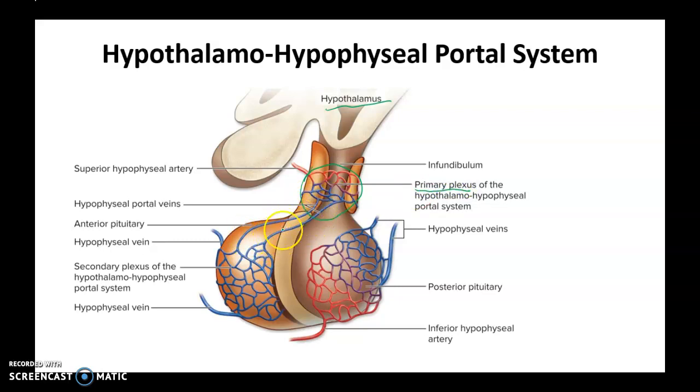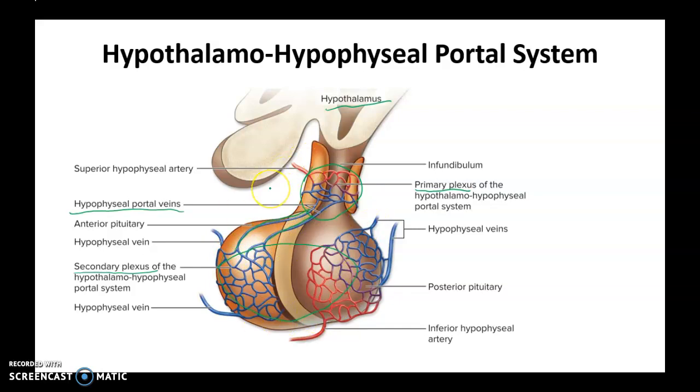These are called hypophyseal veins, and these are hypophyseal portal veins. These portal veins connect to the second capillary bed here, which is called the secondary plexus. So the idea is we have capillary bed number 1 and capillary bed number 2, connected by these portal vessels.